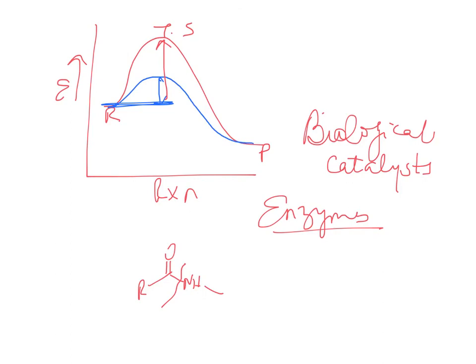It does participate in the mechanism, but later on it does get regenerated in one of the steps. So you will see the enzyme or the catalyst show up on the product side at the end of the day.